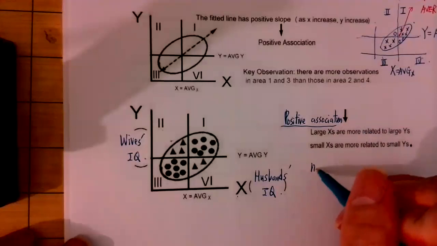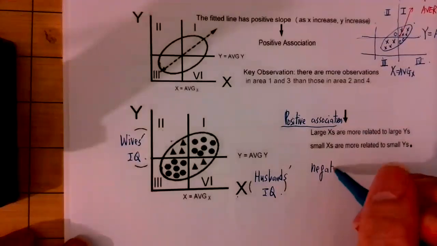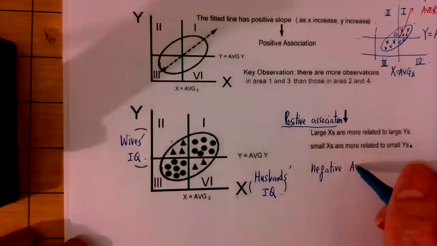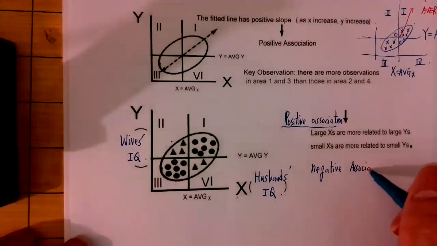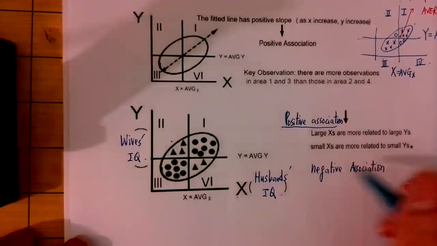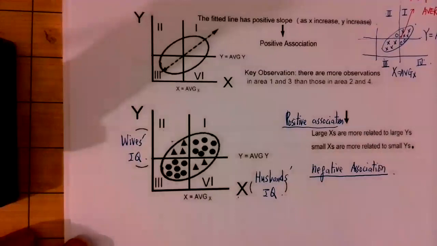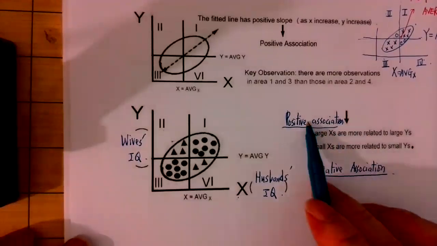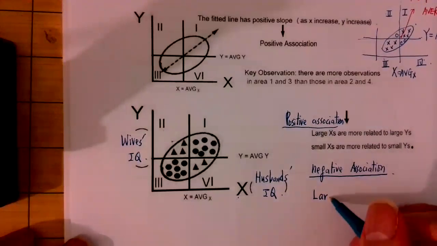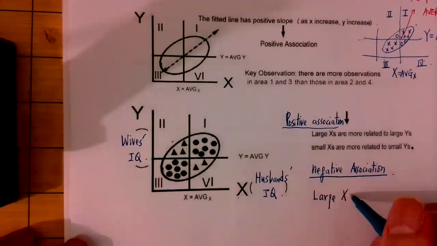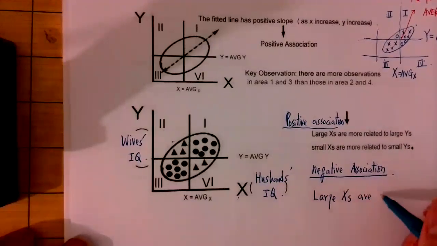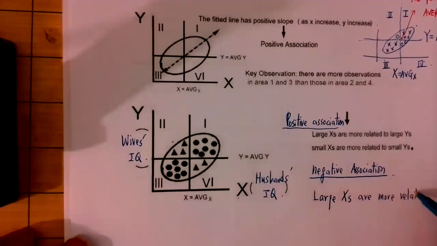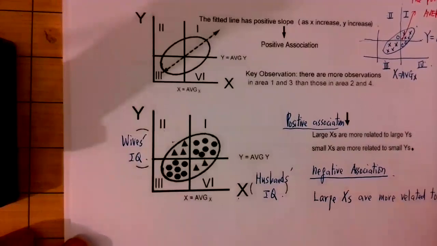How about negative association? Negative association, in contrast to the positive association, is large X are more related to what?